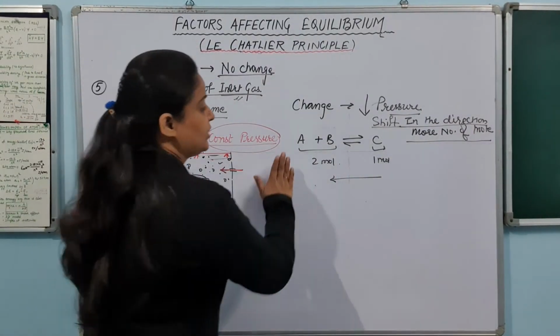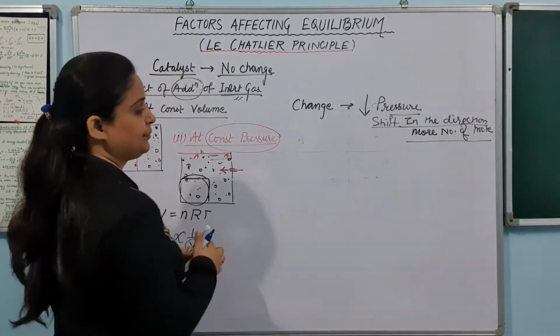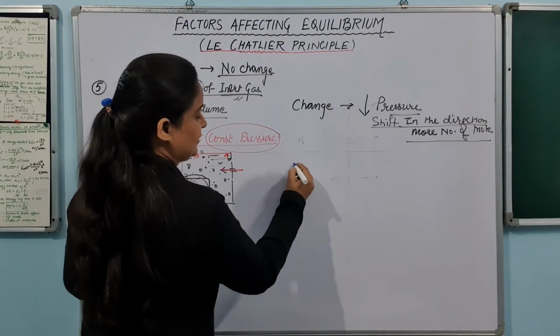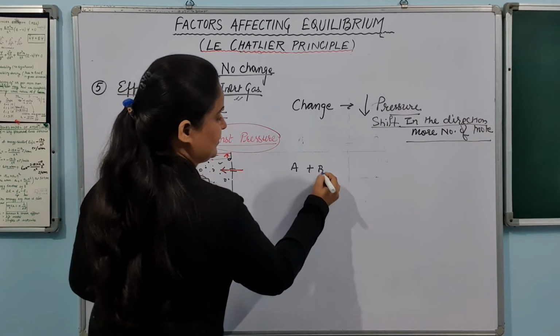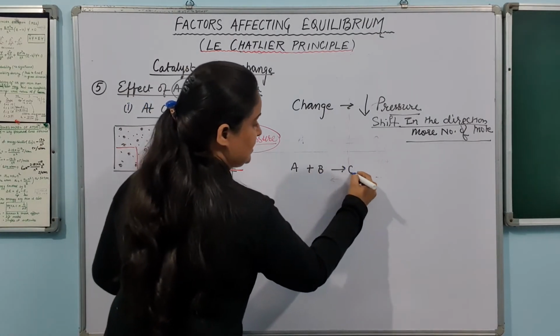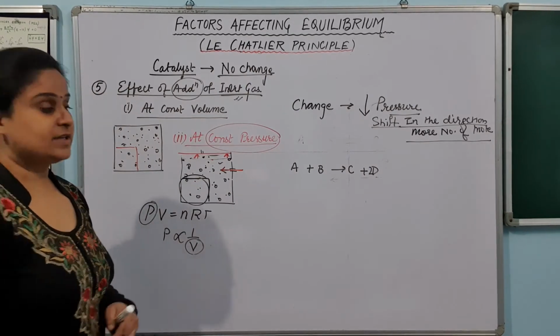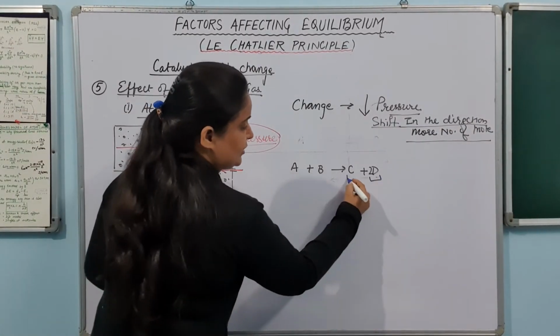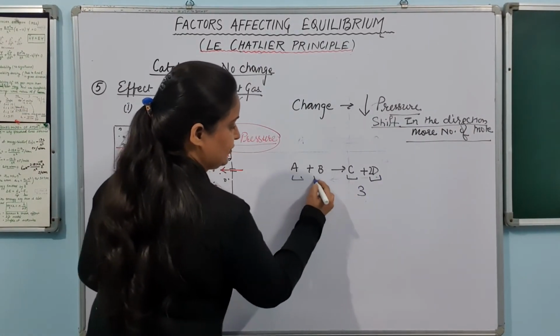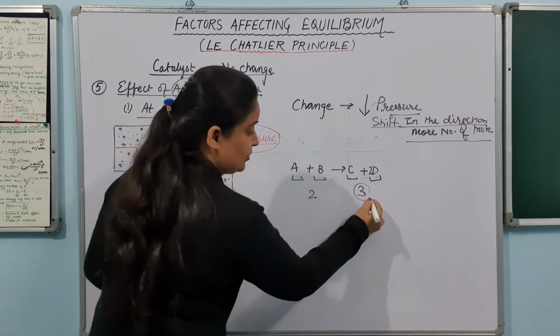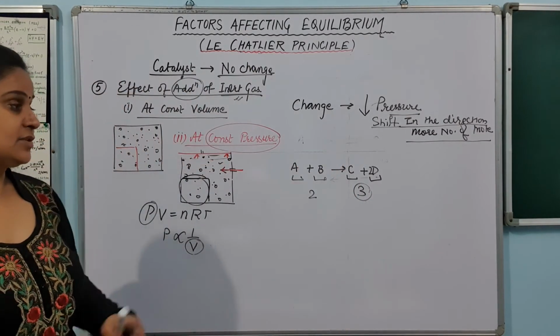If the reaction were reversed, just assume I am taking this time A plus B equals C plus D, with 2D. Okay. Now what is happening? In this type of reaction, 2 plus 1 equals 3 moles, and 1 plus 1 equals 2 moles. There are 3 moles on the right hand side.